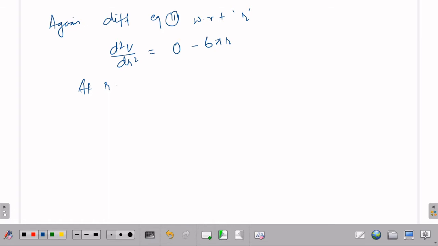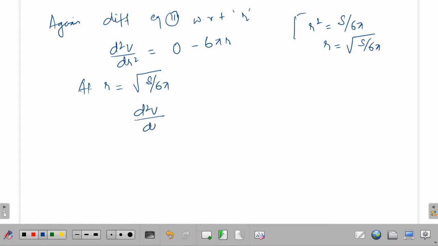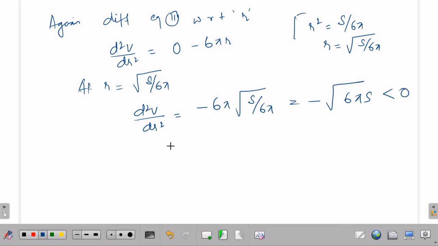So at r is equal to root over of S by 6 pi, because right now I got your r squared to be S by 6 pi, so your r would be nothing more than root over of S by 6 pi. So your d square V by dr square would be minus 6 pi root over of S by 6 pi. So that means I'll get the answer minus root over of 6 pi S. So if I got minus root 6 pi S, that means it's less than 0.